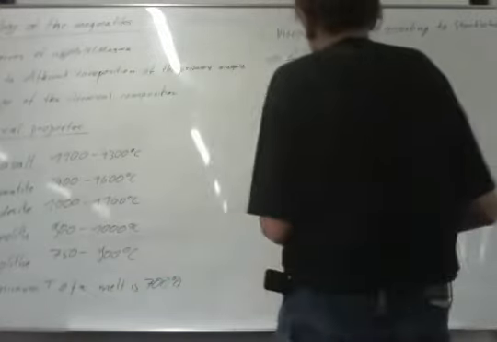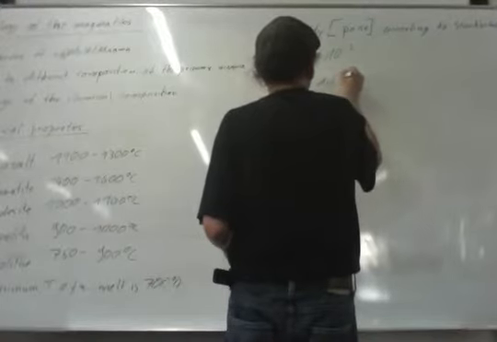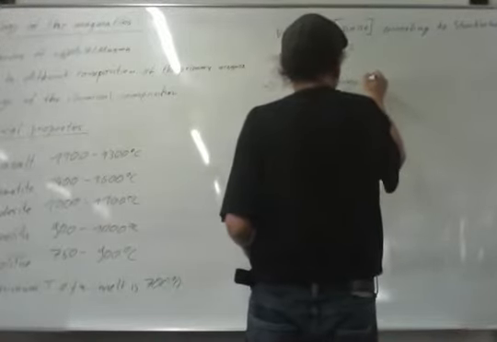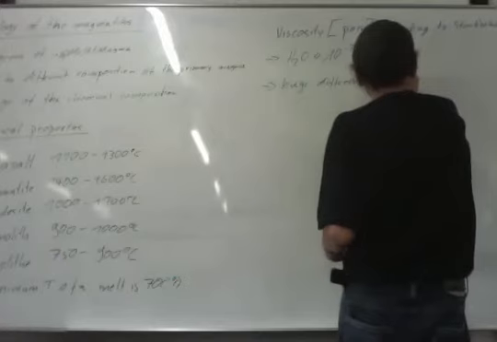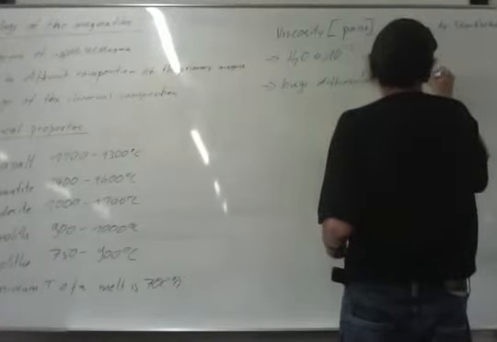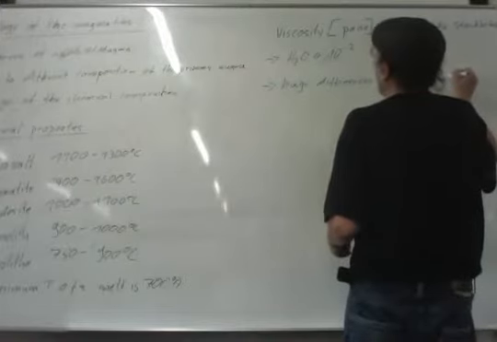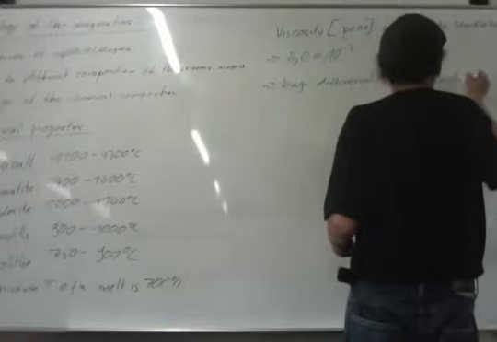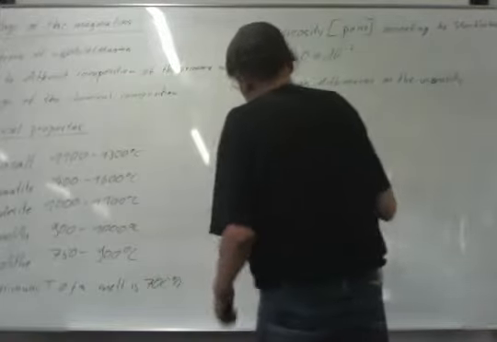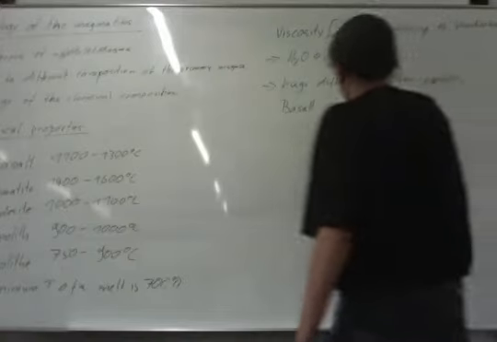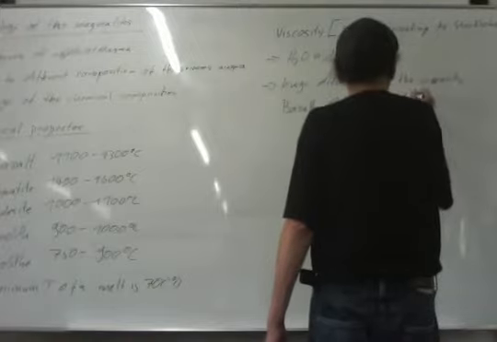And there are huge differences in the viscosity. For example, a basalt has a viscosity ranging from 10 to the power of -2 to 10 to the power of -5.